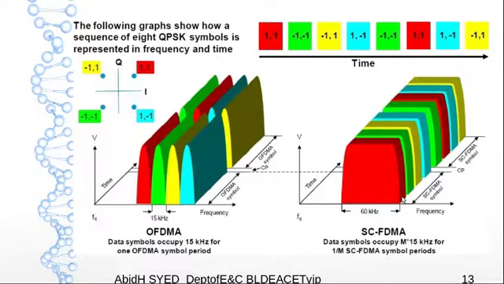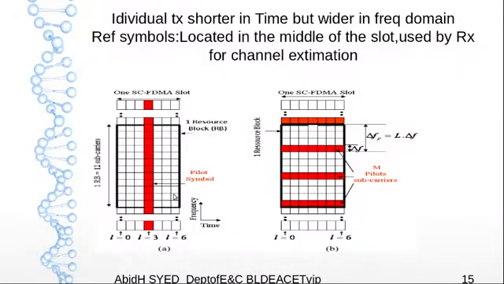In time domain it is small, whereas in case of OFDMA it is occupying a slice of more time duration. This is one OFDMA symbol. This is SCFDMA symbols, right? So these are occupying shorter duration when compared to OFDMA. So this is what it is telling, right? Wider in frequency domain, right?